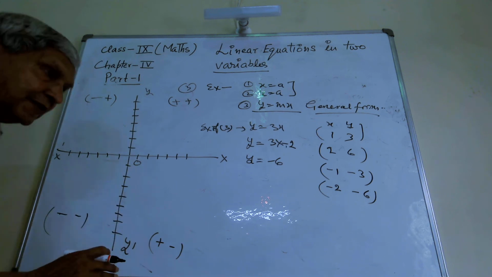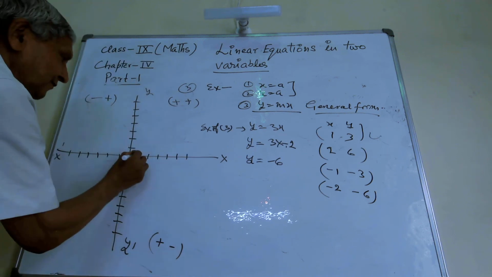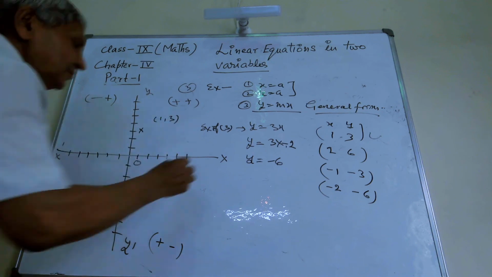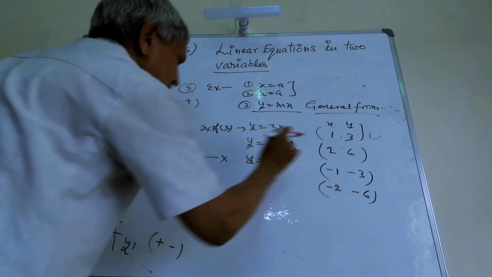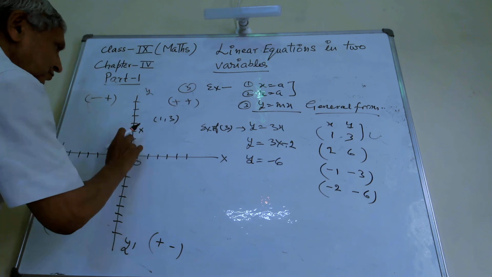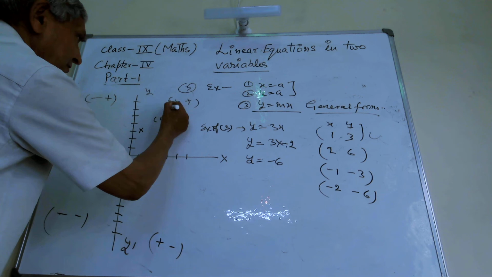Now, first point (1, 3): x is equal to 1 and y is equal to 3. This is (1, 3). And (2, 6): x is equal to 2 and y is equal to 6. 1 2 3 4 5 6, here (2, 6).